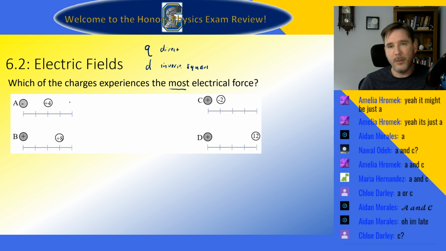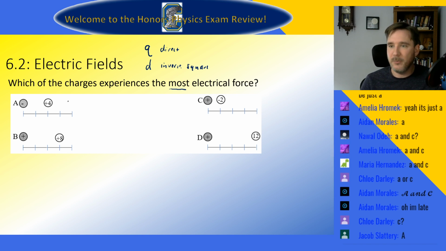All right. So we got to take the charge into account though too. So it might be A. Let's find out. So this is going to experience 4 times the force because it's got 4 times the charge.